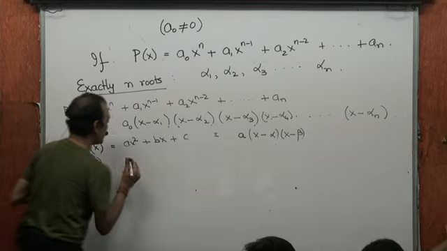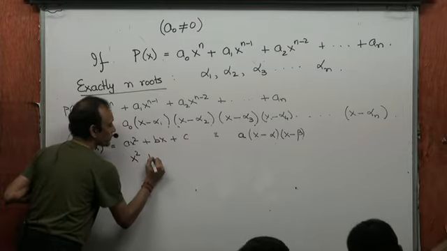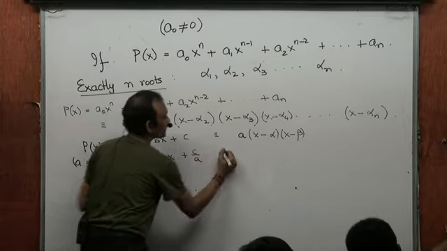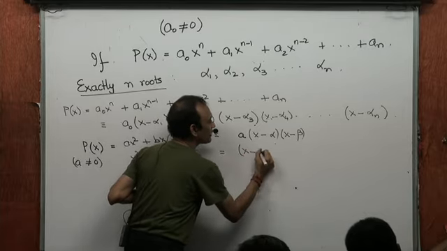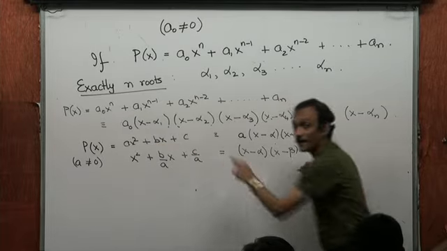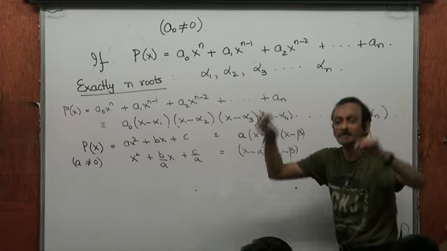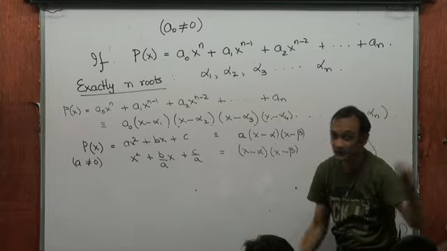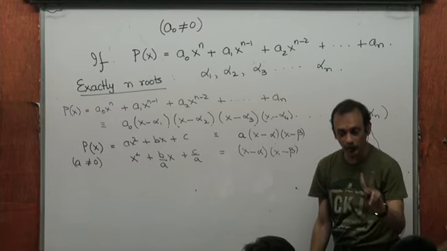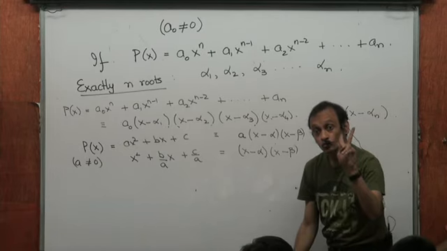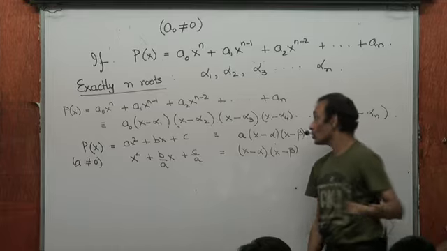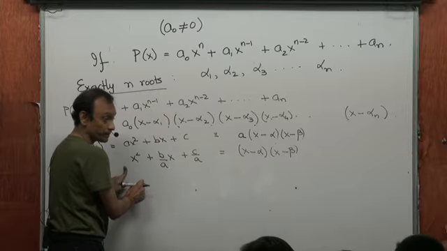That means if I divide by a both sides, I get x squared plus b by a into x plus c by a equal to x minus alpha into x minus beta, where alpha and beta are the roots of this quadratic. This quadratic will become 0 at x equal to alpha, at x equal to beta, and at no other point. At no other value of x will it become 0, right? Because a polynomial of degree 2 will have exactly 2 roots. Yes or no?